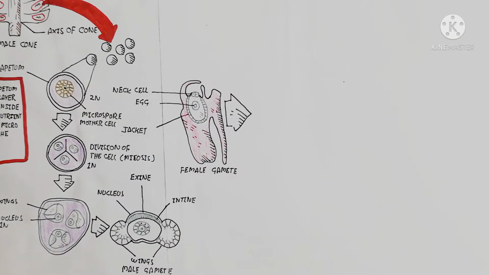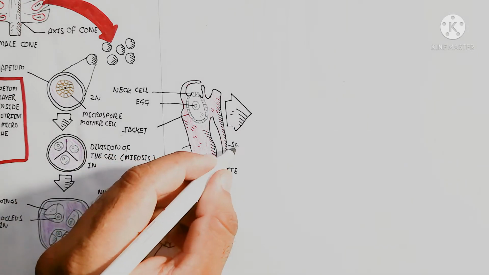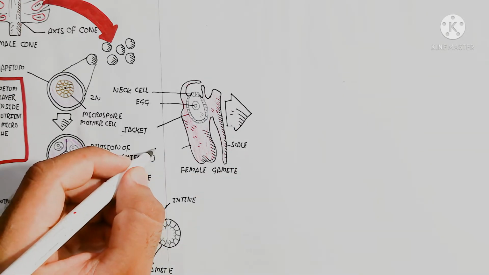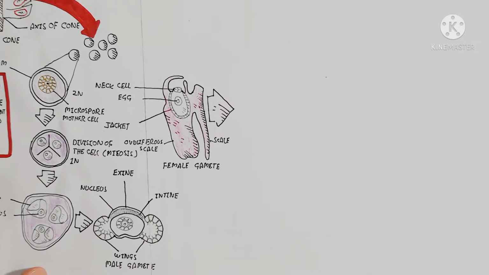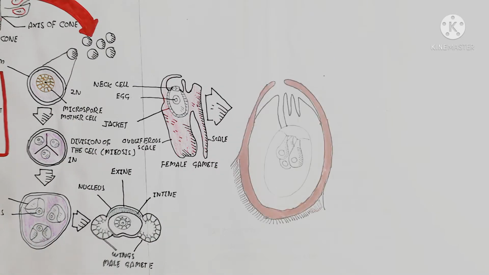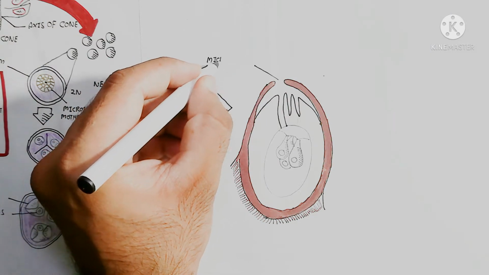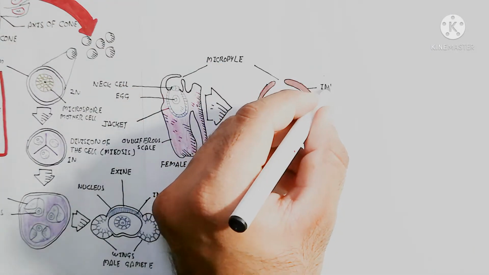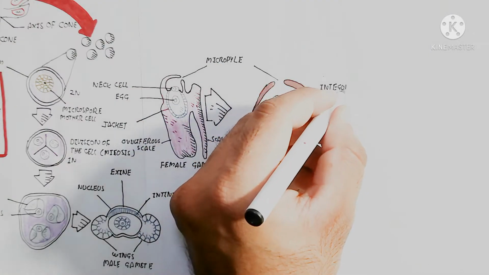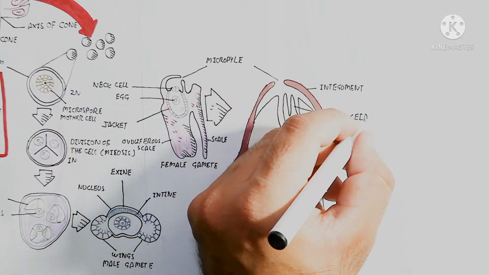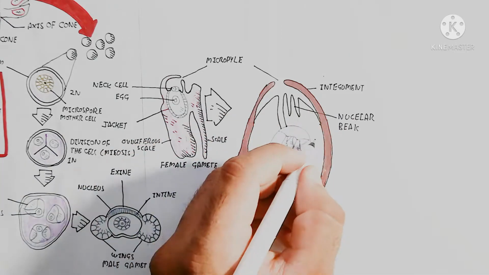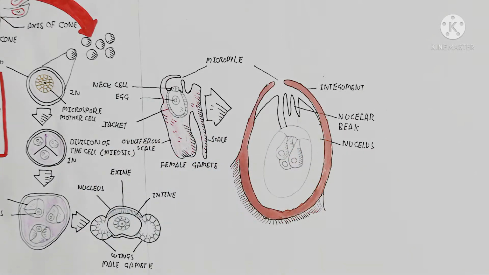Here the female gametes are present. I am drawing the structure, and here the neck cell and egg are present, and the egg is surrounded by the jacket. Ovuliferous scales are present, and that is the female gamete, also known as the megasporangium. Mega means bigger as compared to the male reproductive structure.